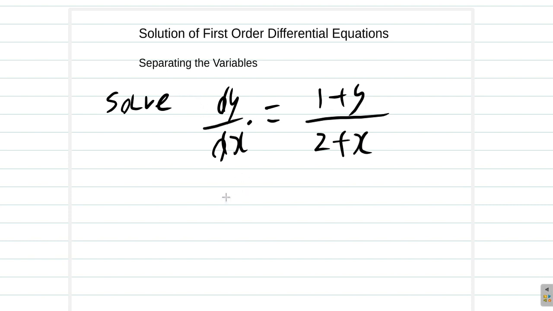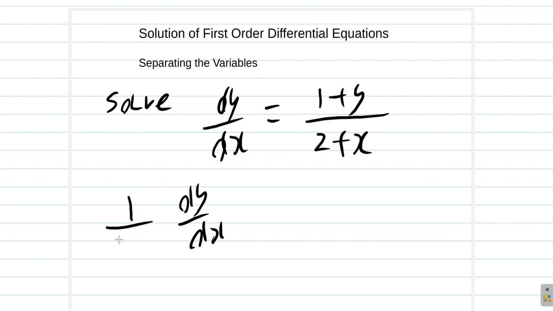Let's look at it. You have dy by dx equal 1 plus y over 2 plus x. Now, if we divide by 1 plus y, we have dy by dx divided by 1 plus y, which is the same as multiplying by 1 over 1 plus y.